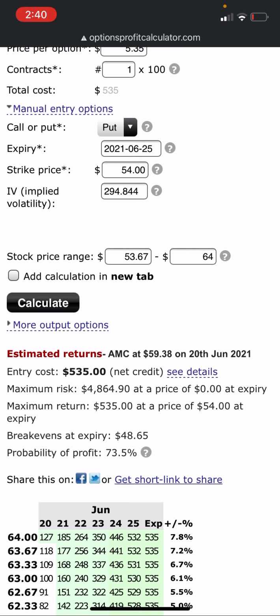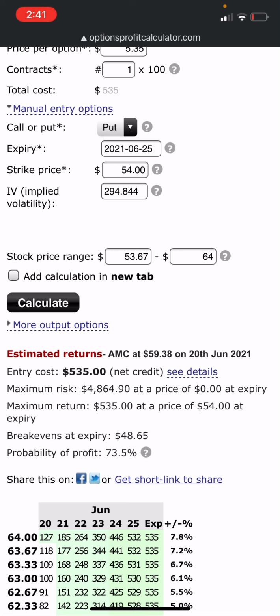Now, if you buy an option, it's a debit. You're paying for the option. Let's say you pay $40, right? You pay a debit of $40.